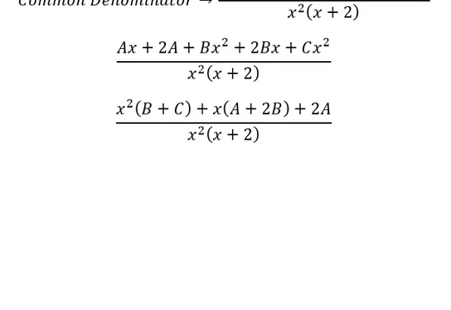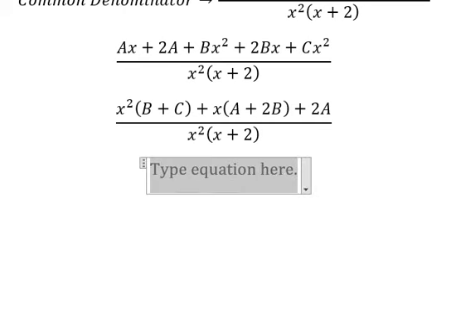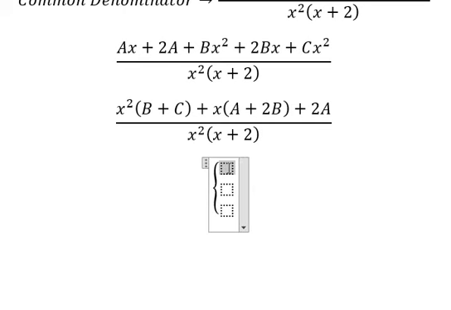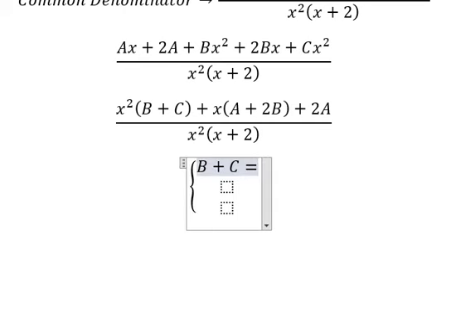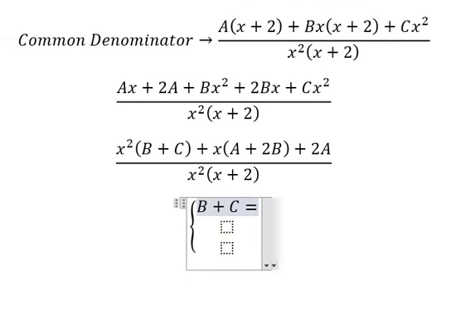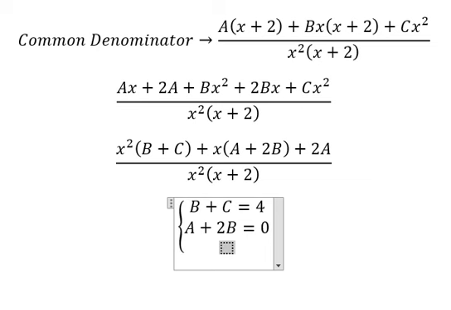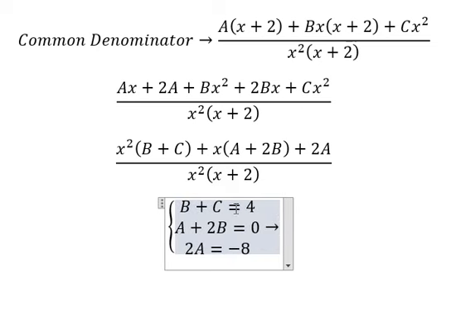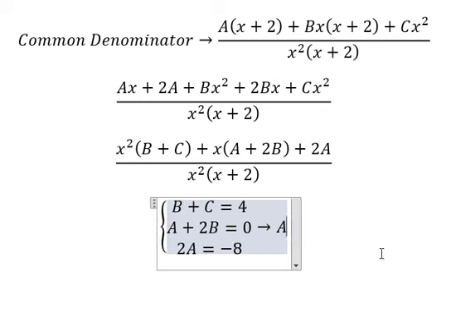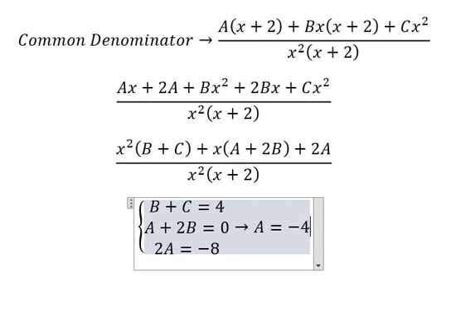And now we create the system of equations. And now we need to find the solution for A, B and C. About this one, we can calculate the value of A. We just divide both sides by 2, and we have negative 4.